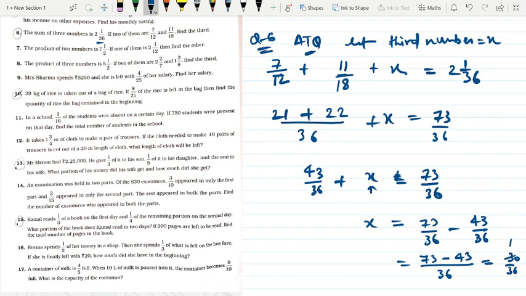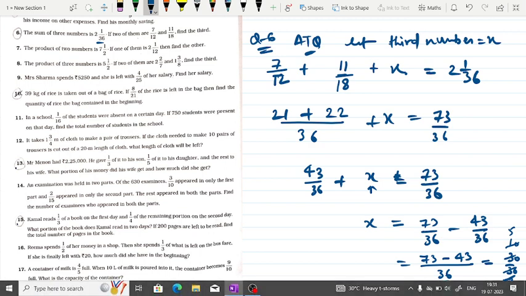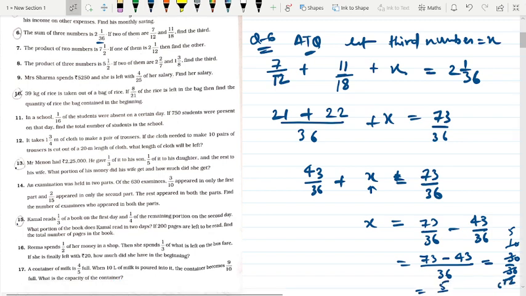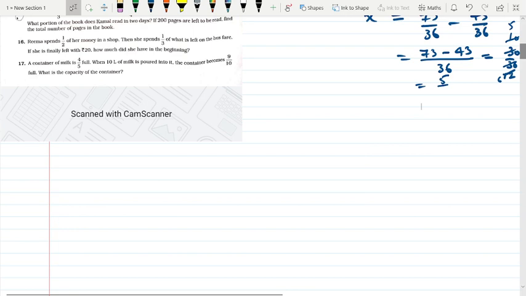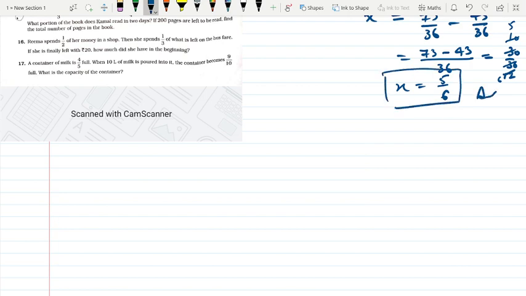So the answer in fraction is 5/6. Okay, that is your answer. So the third number is basically 5/6. Is it clear to you? Okay, now let's come to the next question.